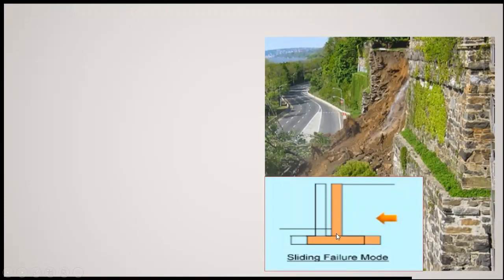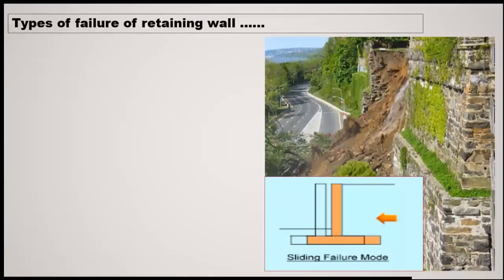This was the actual position of the wall, and this is the earth fill. A lateral pressure is acting on the wall and the wall gets moved away from its position and failure takes place. This type of failure of a retaining wall is known as sliding failure. Sliding means the wall just slides away from its original position.